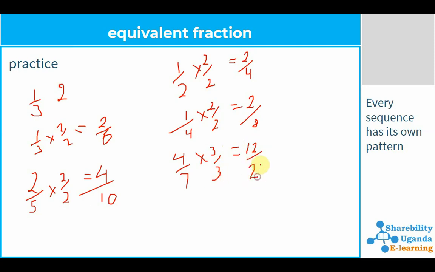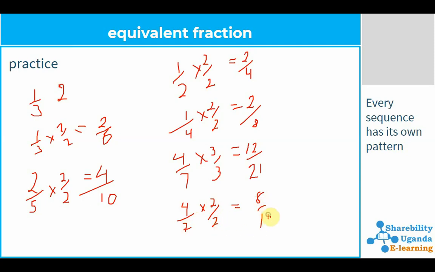We get 21. Okay. We can also use 4 out of 7 and take our 2 and multiply by 2. Here you also multiply by 2. I shall come up with, 4 times 2, we get 8. 7 times 2, we get 14.